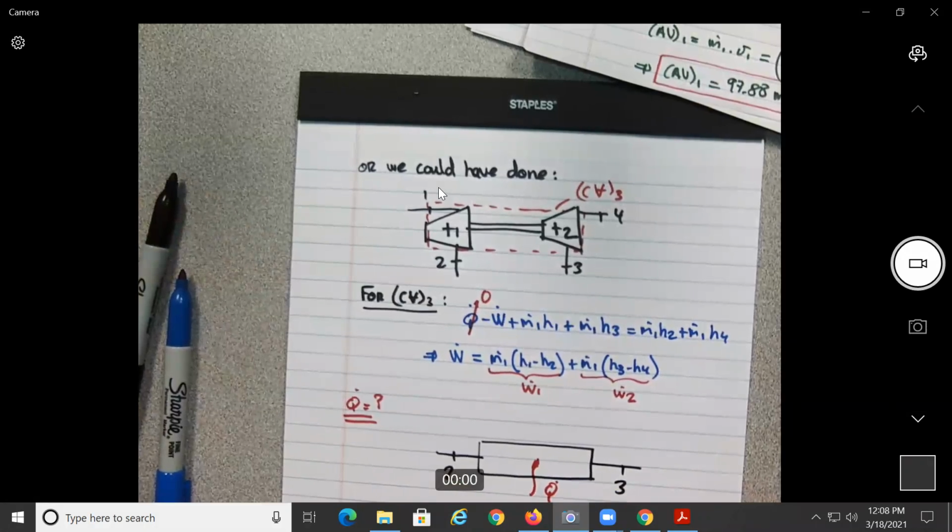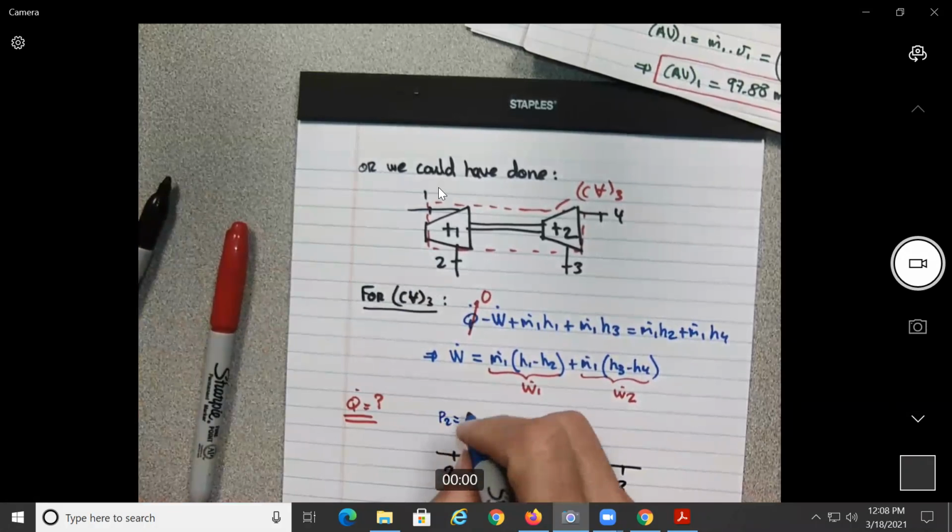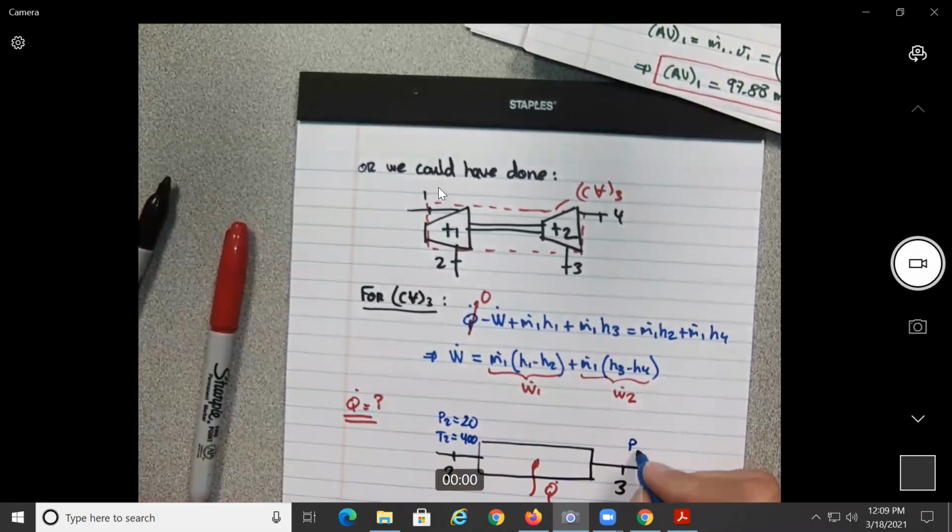We have Q. So we know here P2 is 20, T2 is 400, P3 is equal to P2, but the temperature now will be 500.